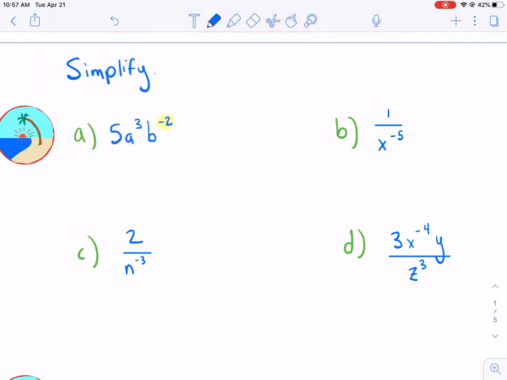So we are going to write 5a cubed, and then we rewrite b to the negative 2 to have a positive exponent. Well, in order to do that, we have to put it under 1. Now we have 5a cubed times 1 over b squared, which is 5a cubed. If you want, put this over 1, so you can see you're multiplying 2 fractions, over b squared. And that is our answer. Let me make it a little bit bigger.